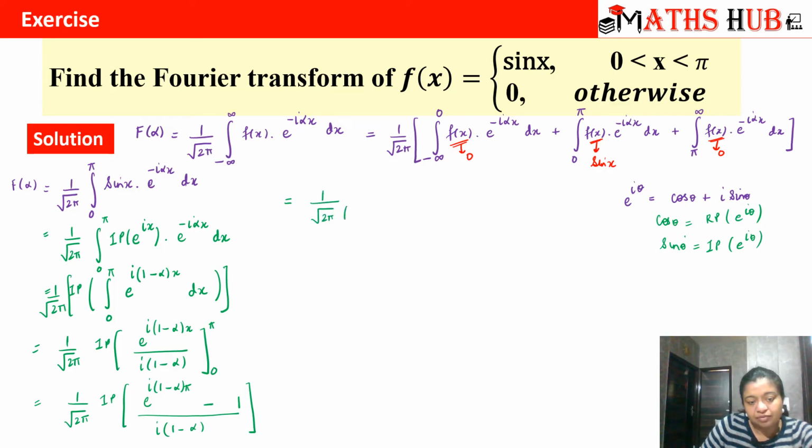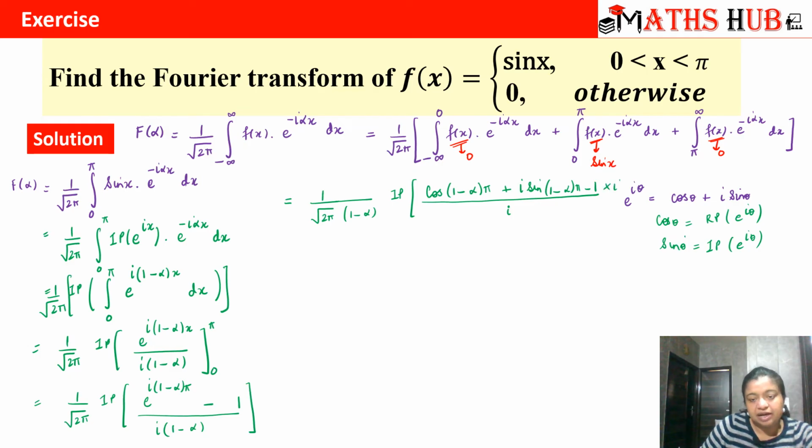So I can take out 1 minus alpha outside, and then I have imaginary part of e to the power. So this term can be written as cos (1 minus alpha) pi plus iota sin (1 minus alpha) pi minus 1, divided by iota, right?